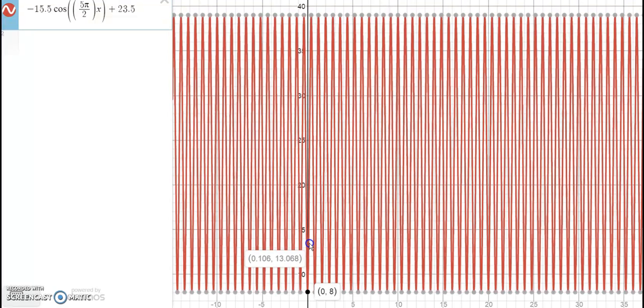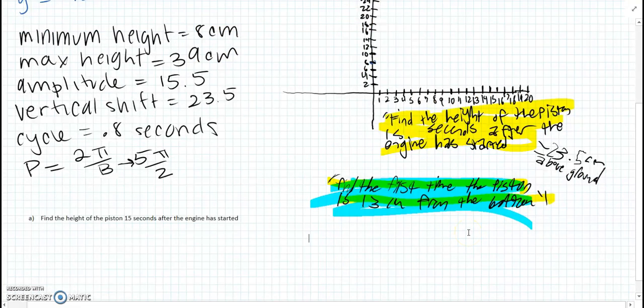And so here we can determine that the first time that the piston will be at 13 centimeters above the ground is at 0.106 seconds, as we can see from our x-axis. That'll answer our essential question number 2.